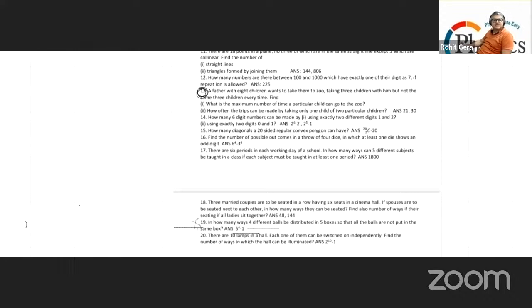But how does it ensure the maximum number of times a particular child can go? Eight C3 means any three can be selected and then they can go. Now a particular child, how many times maximum can he go?